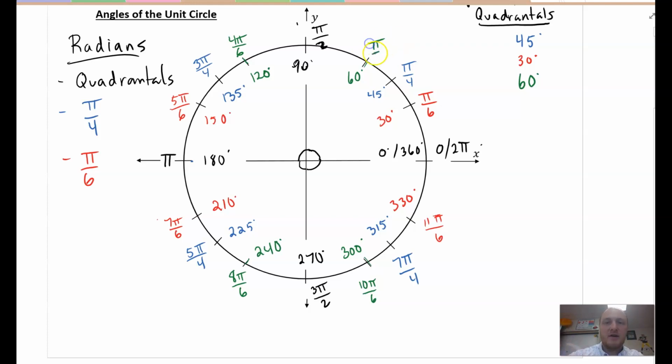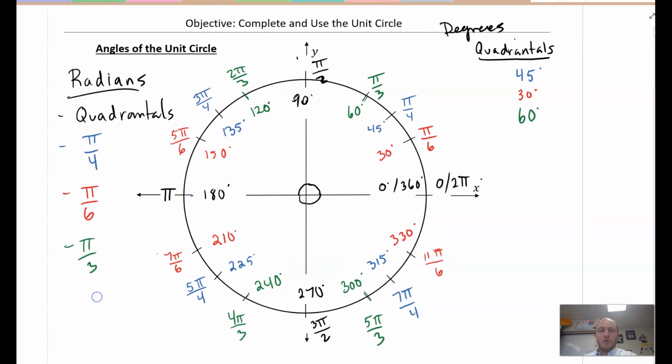That's pi over 3. So all of these ones in green reduce. Instead of 4 pi over 6, that's 2 pi over 3. Over here, instead of 8 pi over 6, that's 4 pi over 3. And instead of 10 pi over 6, that's 5 pi over 3.